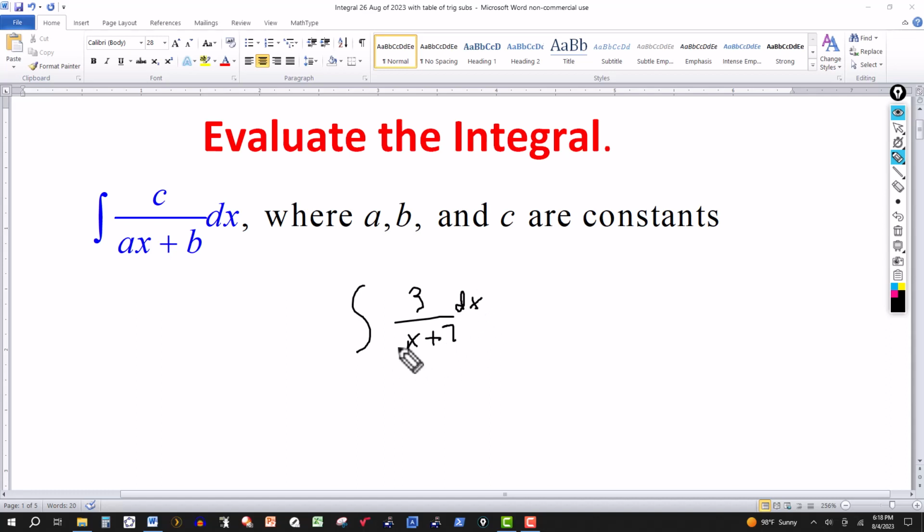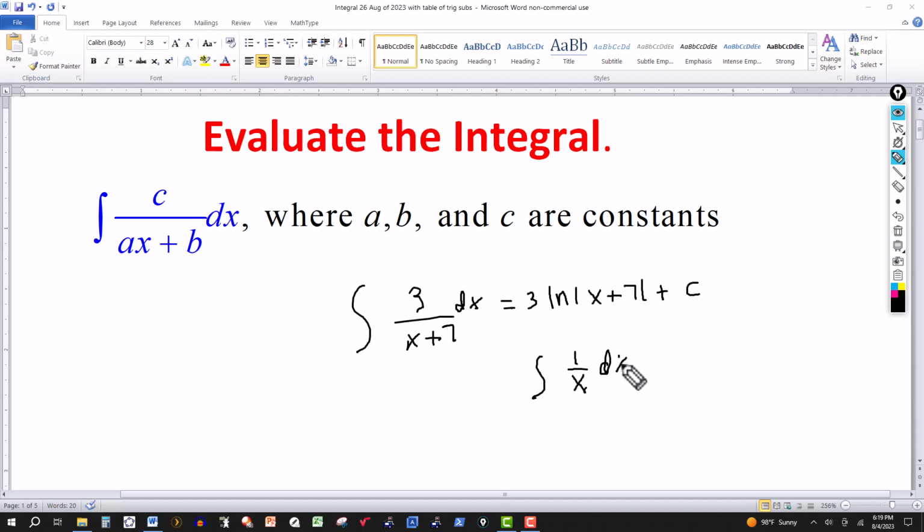Again, as long as the coefficient of the x term in the denominator is 1, then you can just say it's going to be the natural log of whatever you have in the denominator, as long as it's first degree and there's a constant on top. Absolute x plus 7 plus some constant of integration. Whatever number is in the numerator just multiplies this. That's your answer.